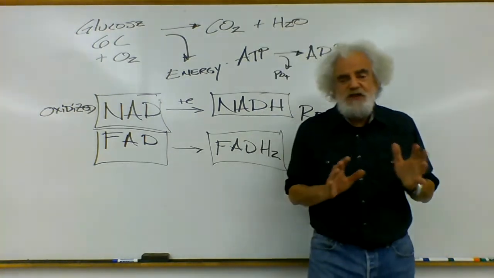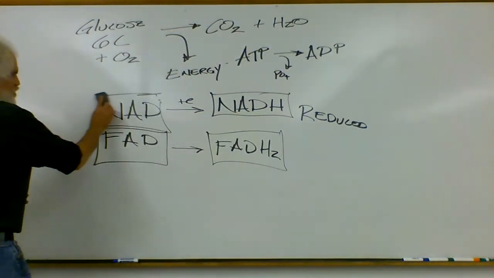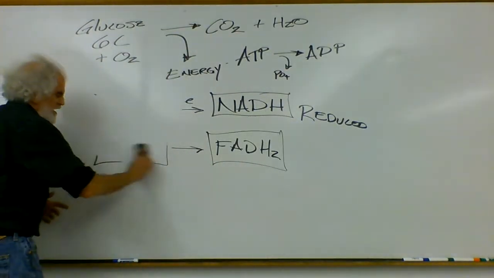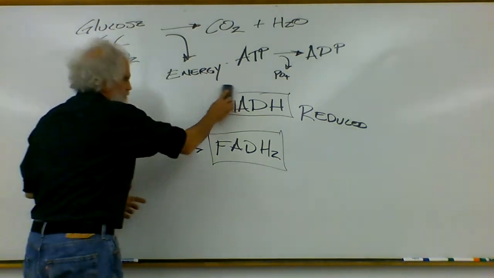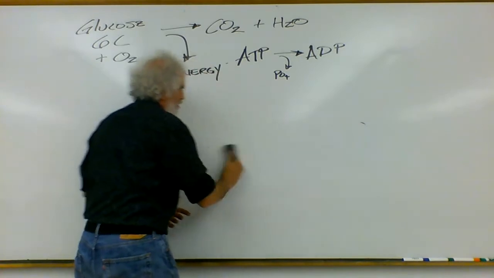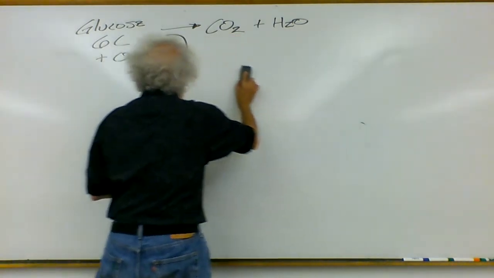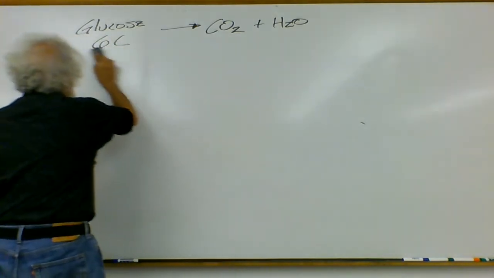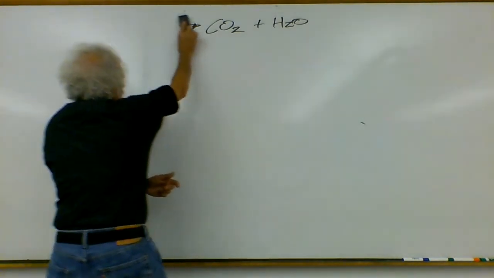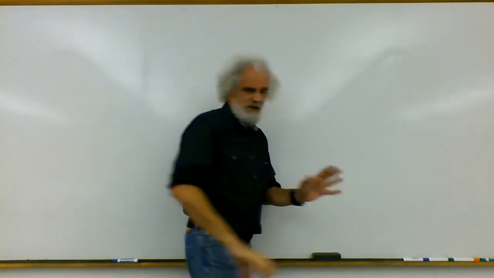So a couple of things to think about as we start going through the metabolism is where are these molecules showing up, where are the carbons going, and where is ATP being made. So what we're going to do is work through these basic metabolic pathways a bit.